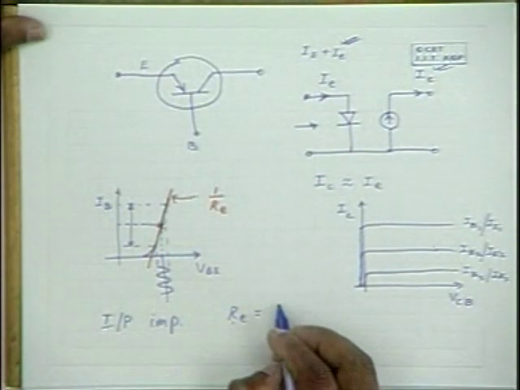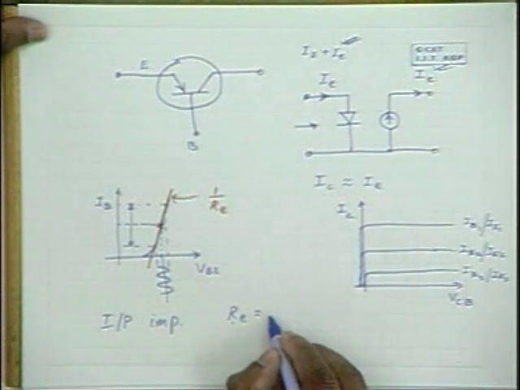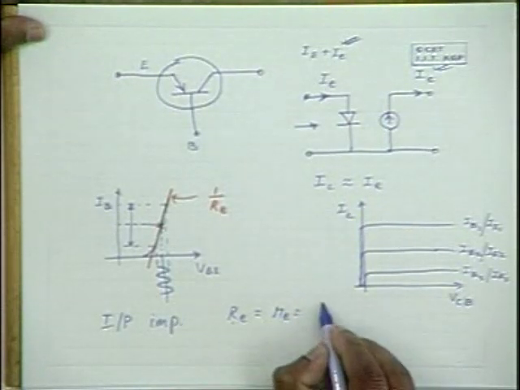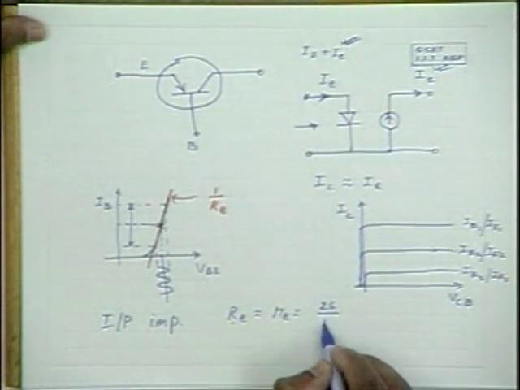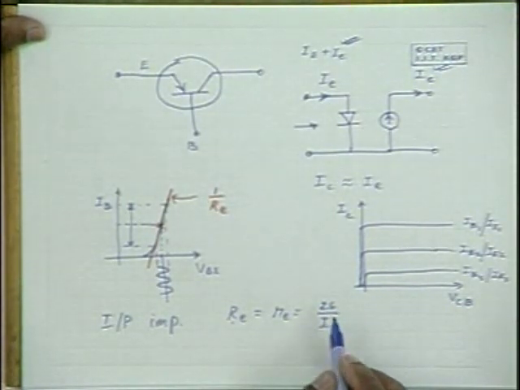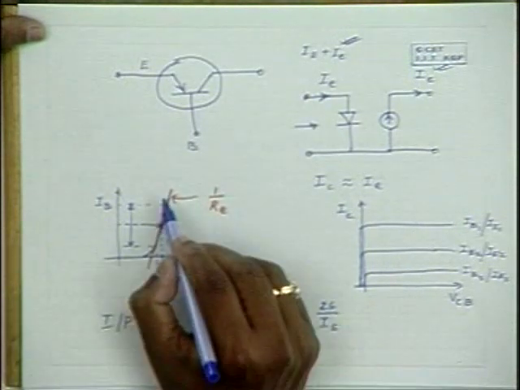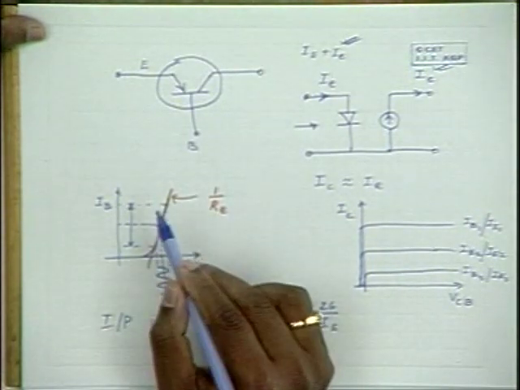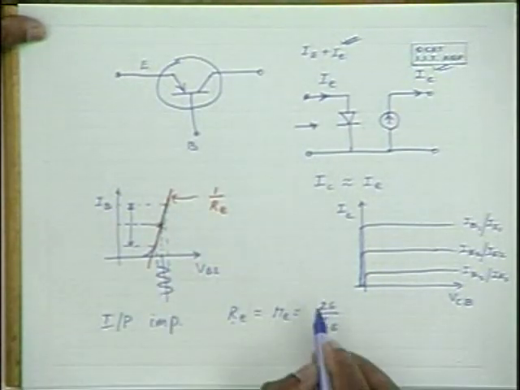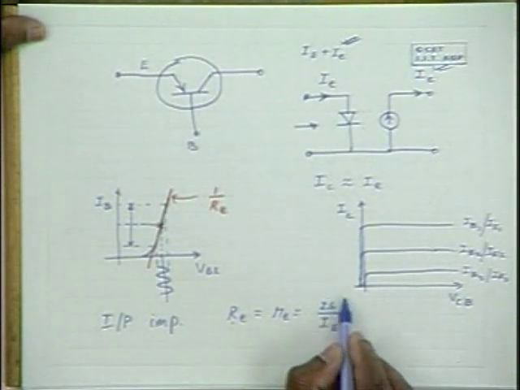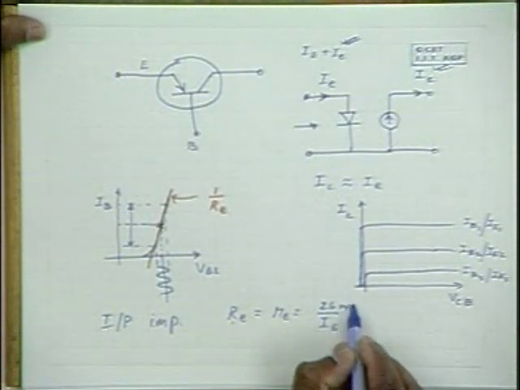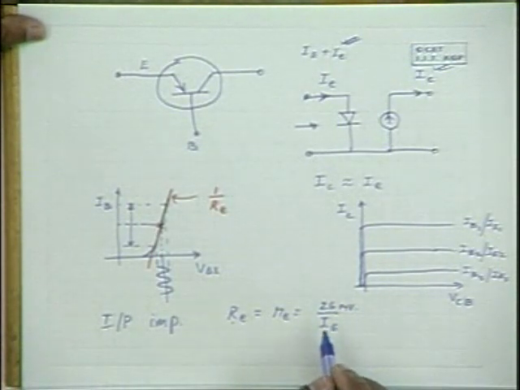And we know that this is equal to 26 millivolts by the emitter current, IE, for a diode. For a diode, this impedance is the slope of the diode equation, and we have derived earlier an expression for it, and we got that as Vt by the diode current, or 26 millivolts by the emitter current in this particular case.